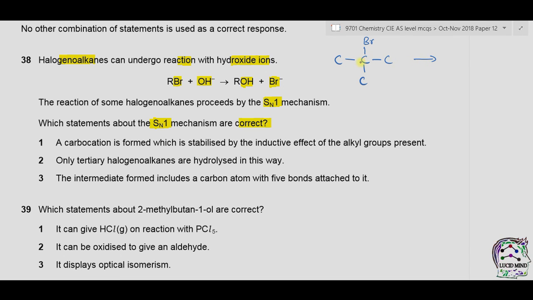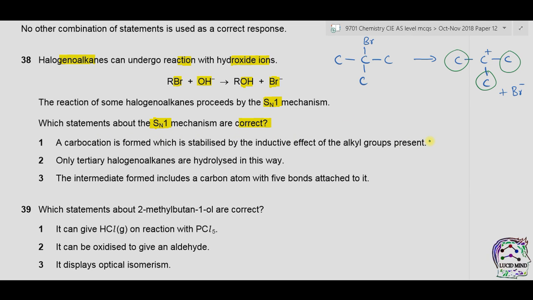Now what happens? First, carbocation is formed. And in heterolytic fission, bromine atom is lost. Now this carbocation is stabilized by these methyl groups, as methyl groups have positive inductive effect by which they donate their electrons to this carbocation to make it stable.